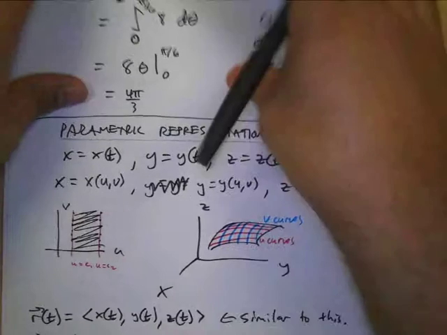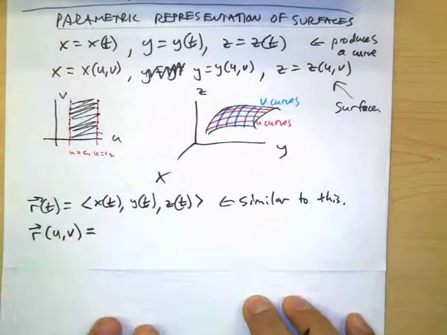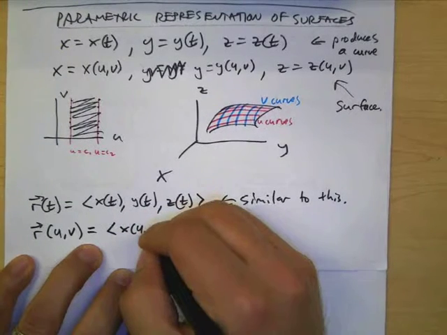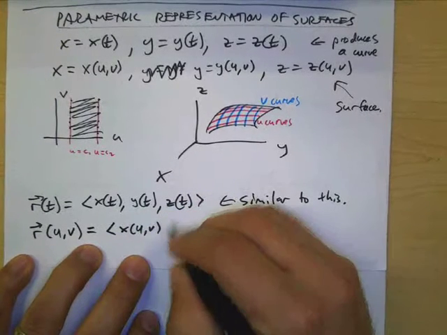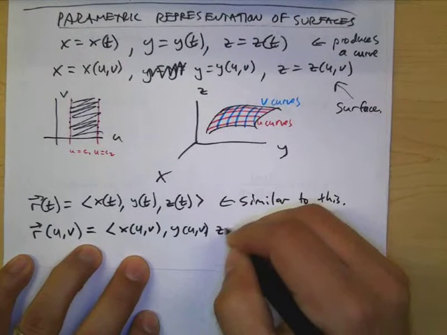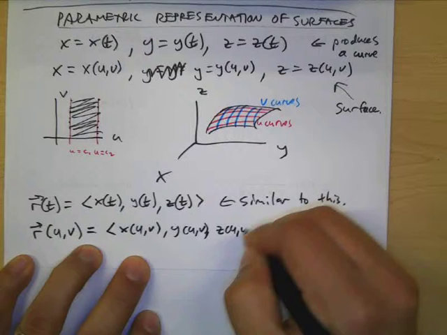And I'm off the screen. Sorry. So then this would be x of u,v, y of u,v, and z of u,v.